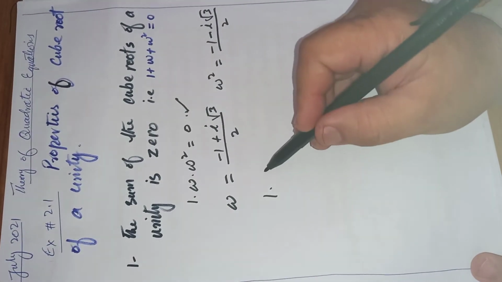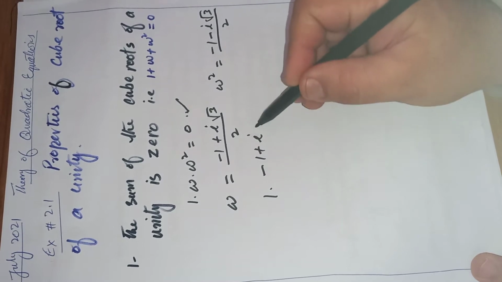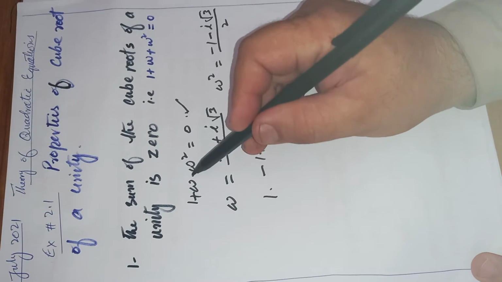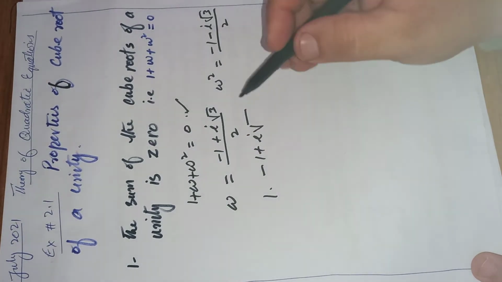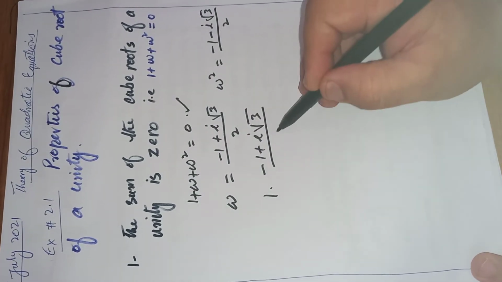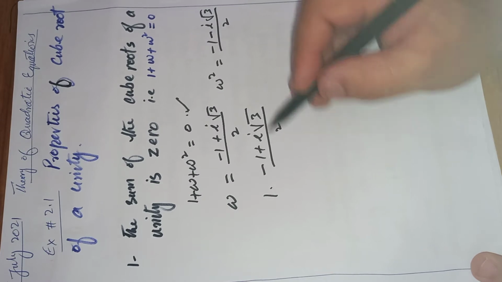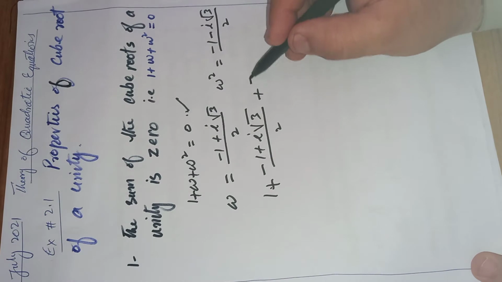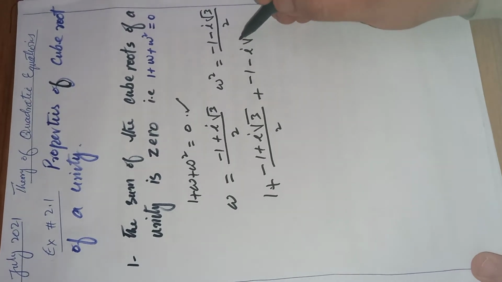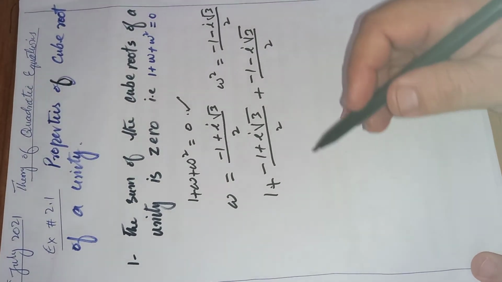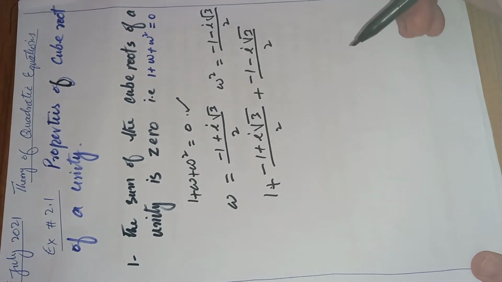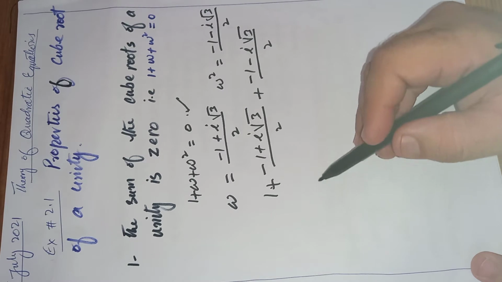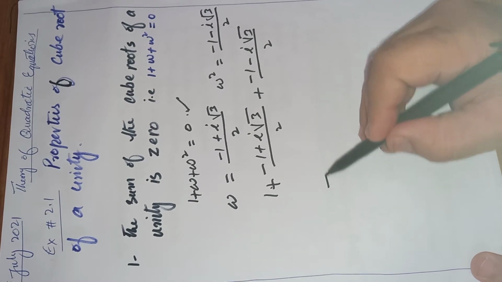1 plus omega, which is (-1 + i√3) divided by 2, plus omega square, whose value is (-1 - i√3) divided by 2. Here we have to do the addition. When we take the LCM, we will have 2 as the LCM.